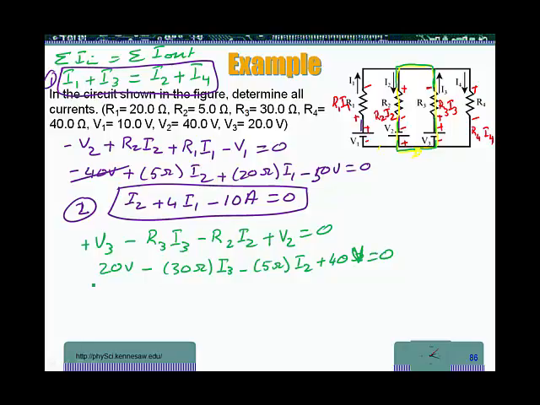Like with the last equation, I'm going to combine these, so that gives me 60 volts. And then I'm going to divide everything by 5 ohms. So I'm left with minus 6 I3 minus I2. And then 60 volts over 5 ohms, that's 12 amps, is equal to 0.